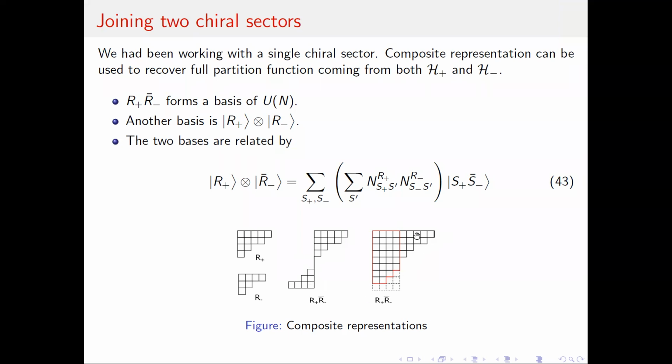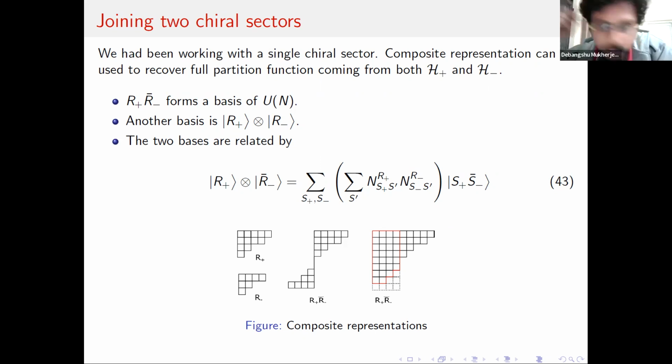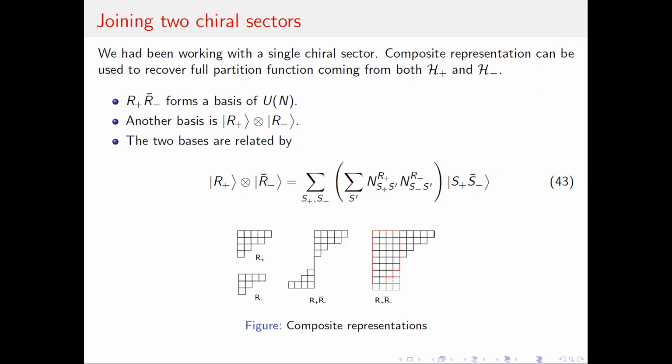Yeah, so there are two ways of talking about UN representation in terms of Young diagrams. One is that you can draw negative boxes. The other one is that you can write it as SUN times U1 mod Zn, and then U1 just gives you a charge, which will be just some number which you don't have to worry about when you're drawing the Young diagrams.